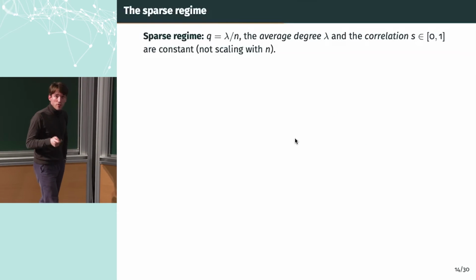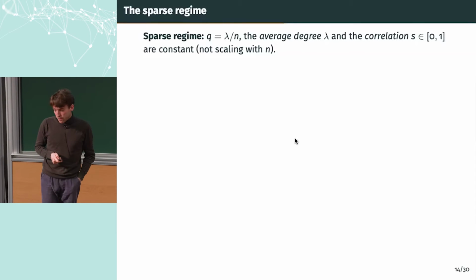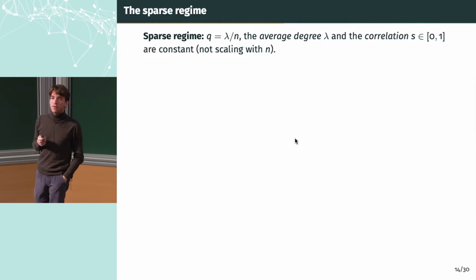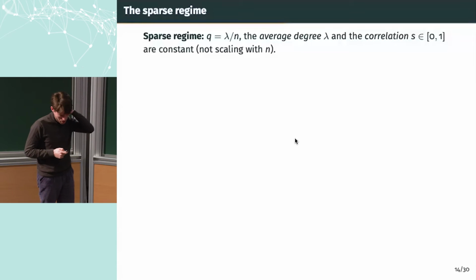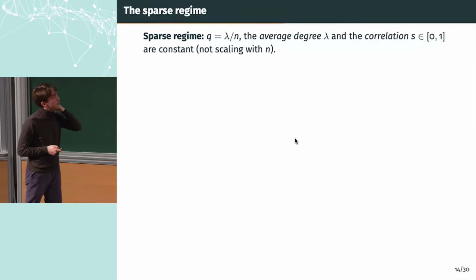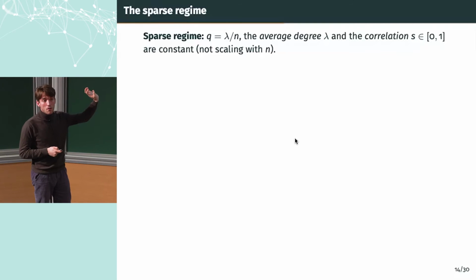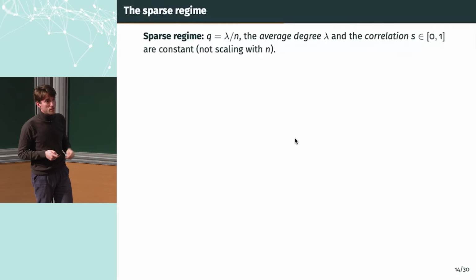Okay, so in the rest of the talk, to describe the problem, I will focus on a regime where the graphs are sparse. Okay, this is quite coherent with real-world data, where many graphs are just sparse. That means that they have a constant mean degree. Okay, so Q has to be of the form lambda over n for this to be satisfied.